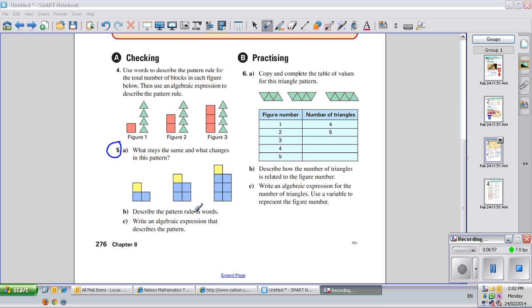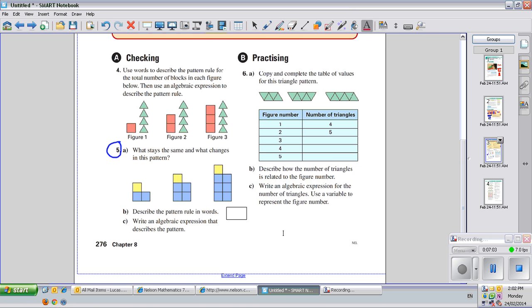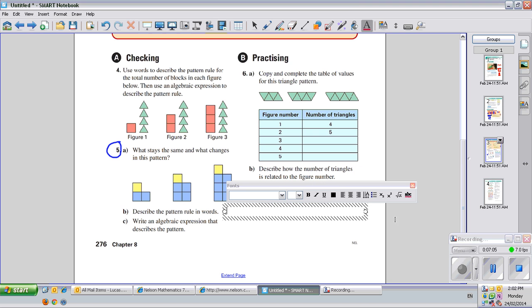B says describe the pattern rule in words. So we can say the pattern starts with 1 yellow block and 2 blue blocks.